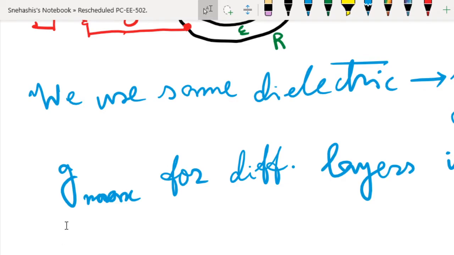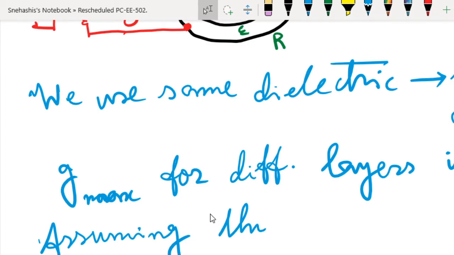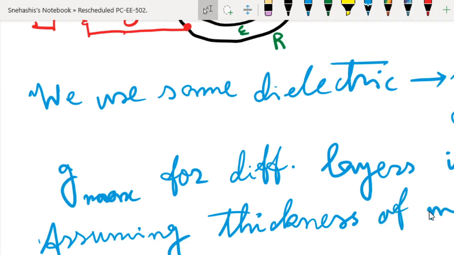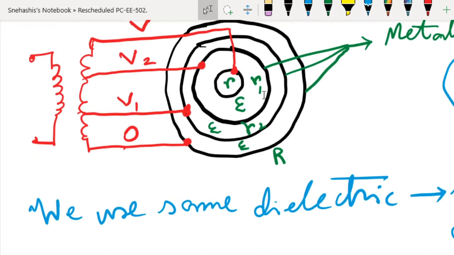Okay, so assuming thickness of material as R1 by R, that means the sheets are placed in such a way that their ratios are the same.